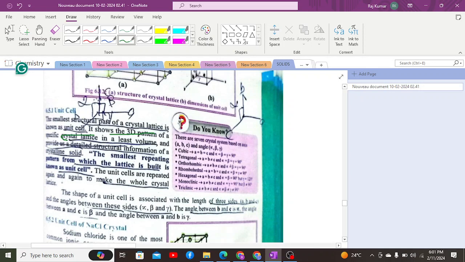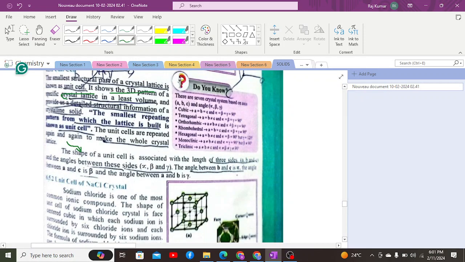So it is a very useful part, and there are certain parameters which we utilize in order to study the crystal lattice unit cell, which are known as crystal parameters, lattice parameters, or unit cell parameters.